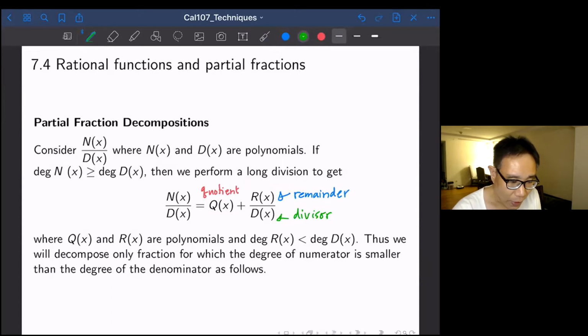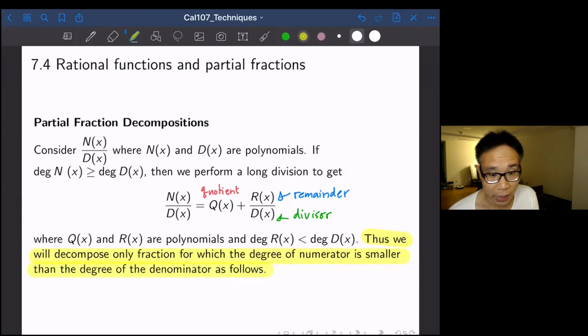So the conclusion on this page is that we will decompose only fractions for which the degree of the numerator is smaller than the degree of the denominator.